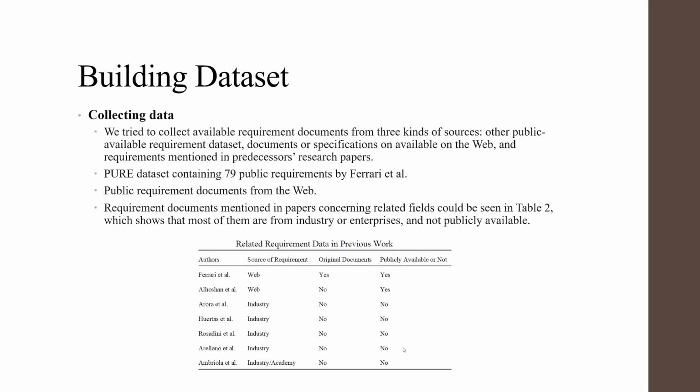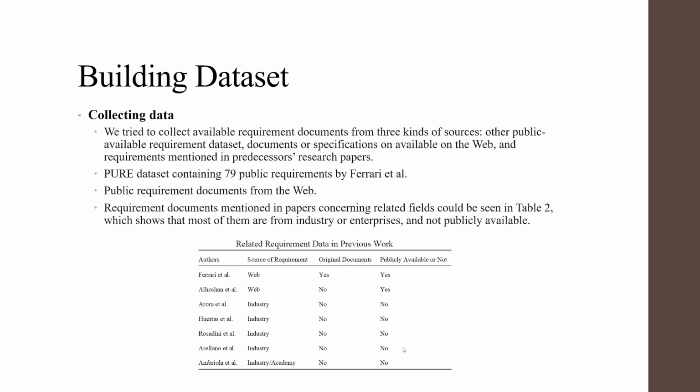For the third source, we have listed the requirement documents mentioned in papers concerning related fields in this table, which shows that most of them are from industry and not publicly available. So after retrieving these documents and filtering out the ones that are just templates or duplicates from the PURE dataset, we renamed each of them according to the year it was finished and the system it described, so that the titles would be in a uniform format.